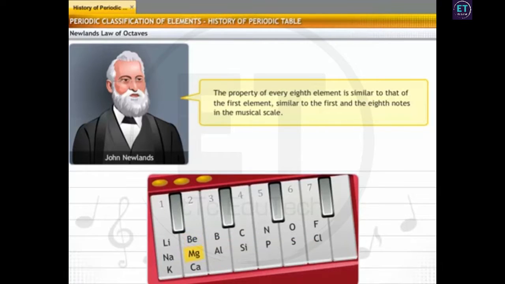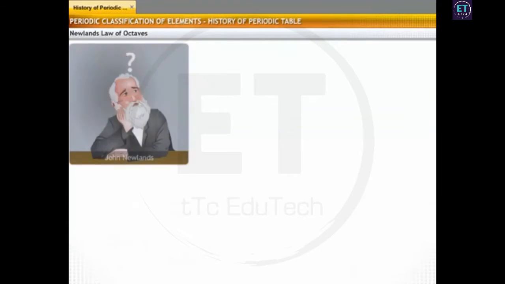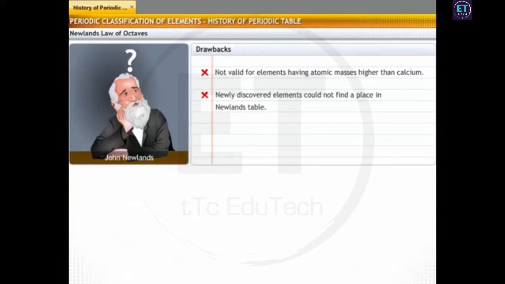Similarly, beryllium, magnesium, and calcium show similar properties. For instance, all the three elements are shiny and fairly soft. However, Newlands' law of octaves failed because it was not valid for elements of atomic masses higher than calcium. Newly discovered elements could not find a place in Newlands' table.